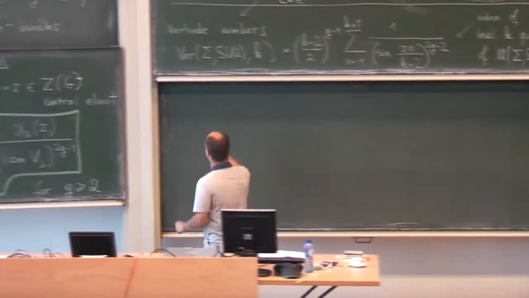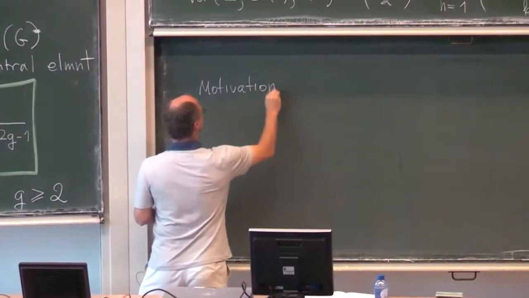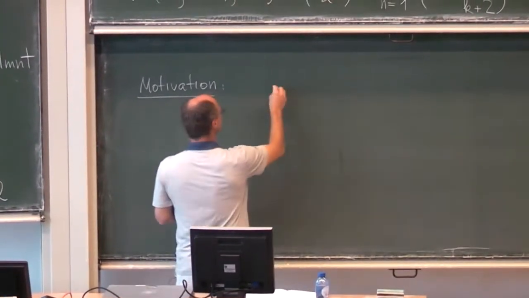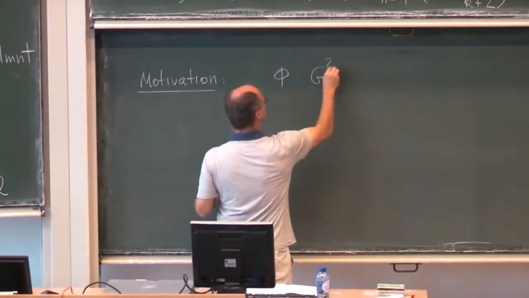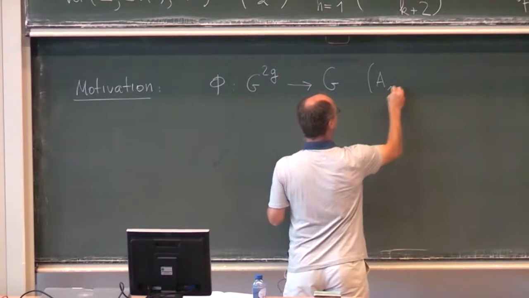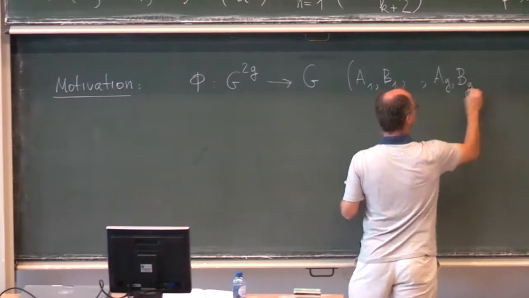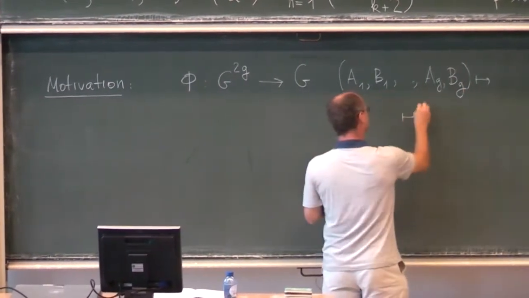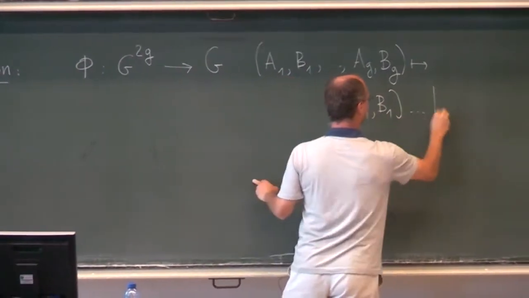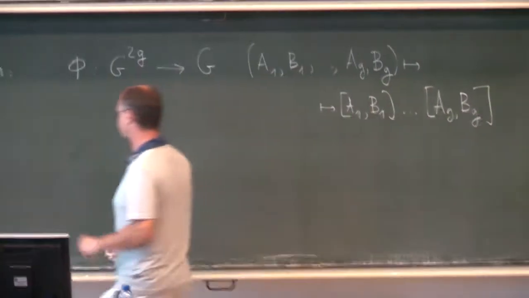But maybe now just one word of motivation, the technical motivation. So let's denote by phi the commutator map which maps a 2g-tuple of elements into a product of group commutators.